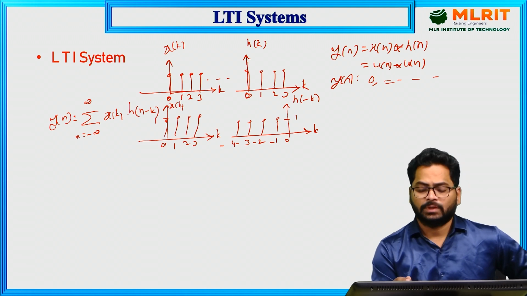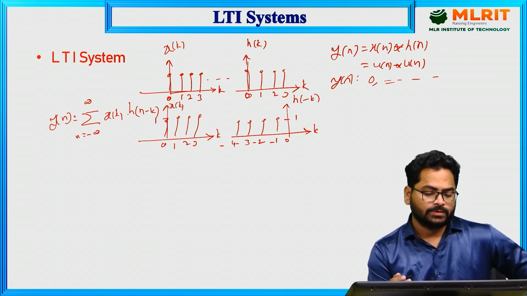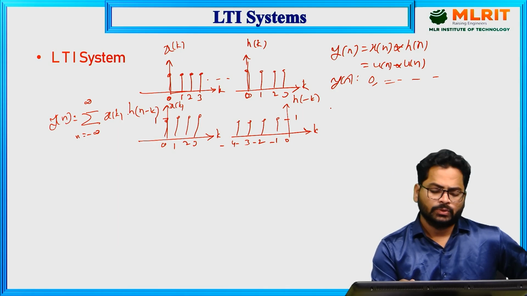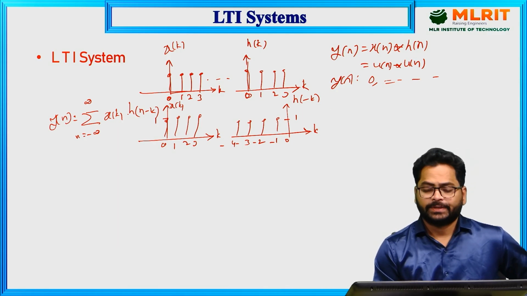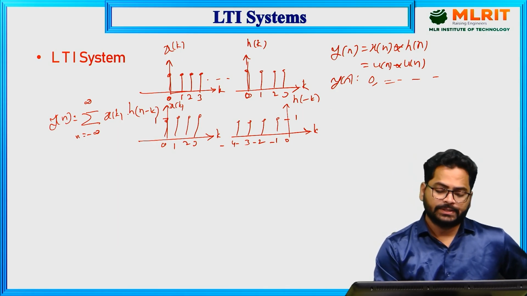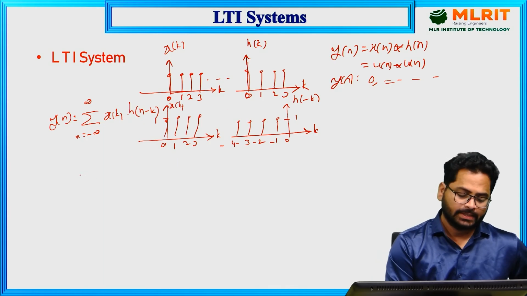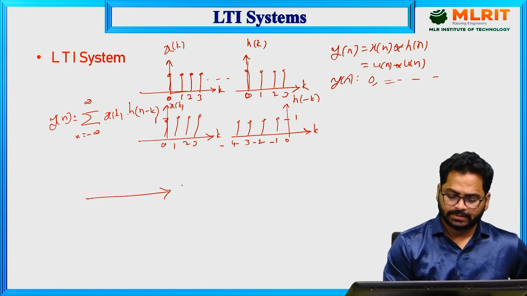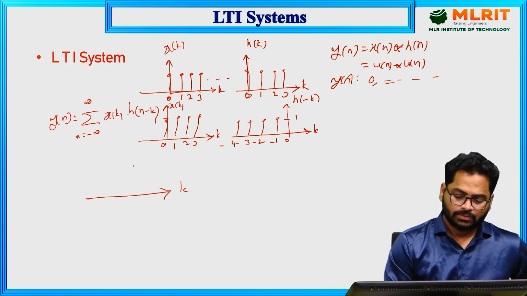Next, after folding, this folding version is completed. Now I am giving the shift. How much shift am I doing? n units. So the h function is here, so that I am taking k. Now this is the axis, h of n minus k.